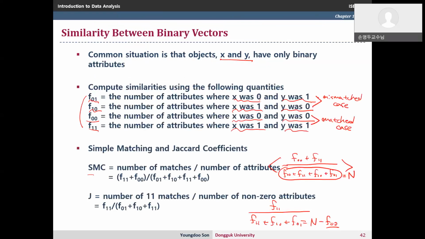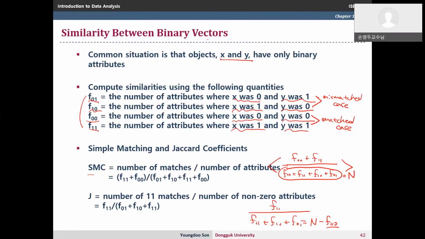And then we saw two similarity measures between binary vectors. The first one is the simple matching coefficient, and the other one is the Jaccard coefficient. For two binary vectors having the same length, there are four cases if we compare each attribute in these vectors.